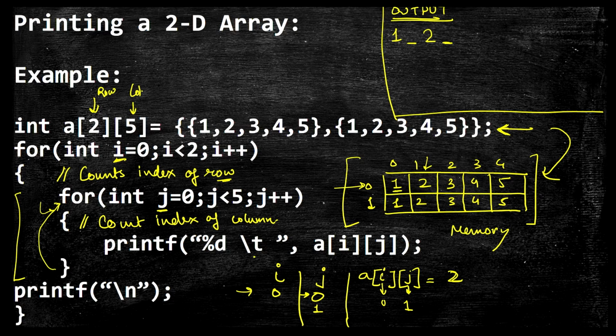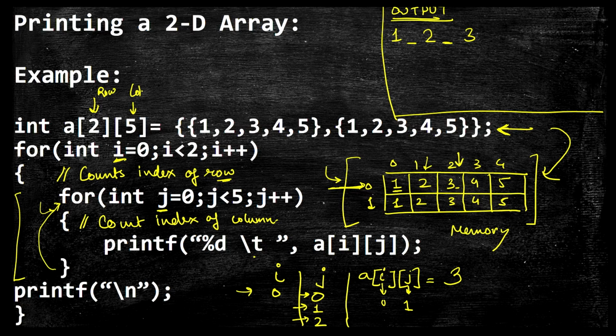Then j increments by 1 again, it becomes 2. So i equal to 0 and j equal to 2. What is there? There is 3. So 3 will be printed like this.